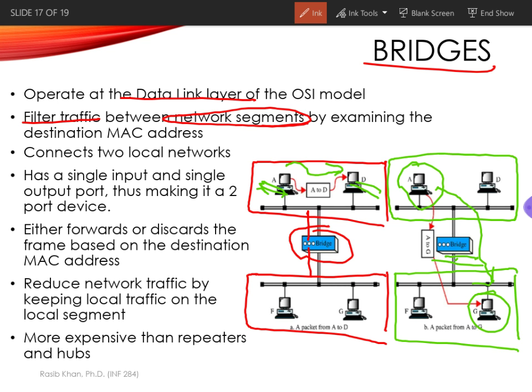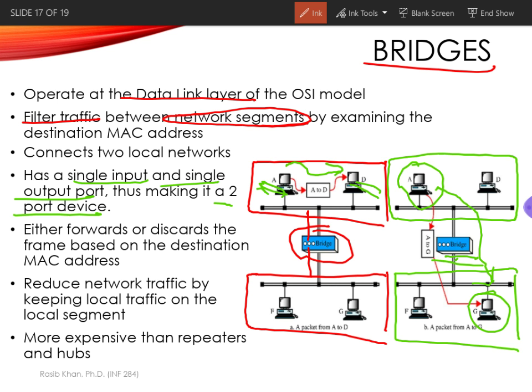So the network segments can be brought together using bridges, and they have a single input and single output. So basically it's a straightforward two-port device where you just connect the two ends of two different networks.